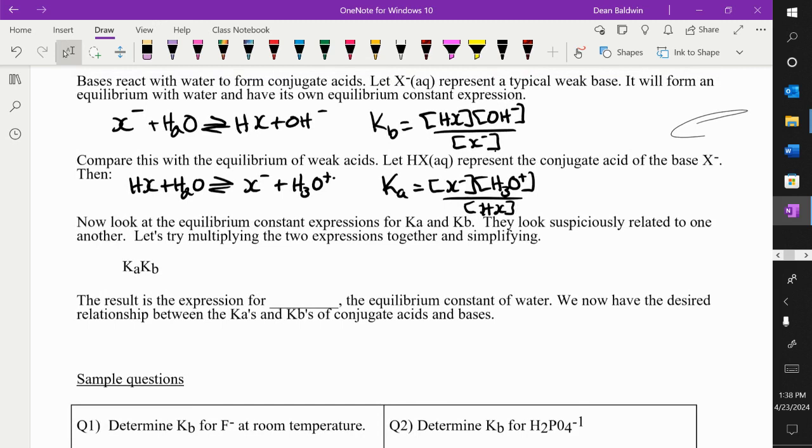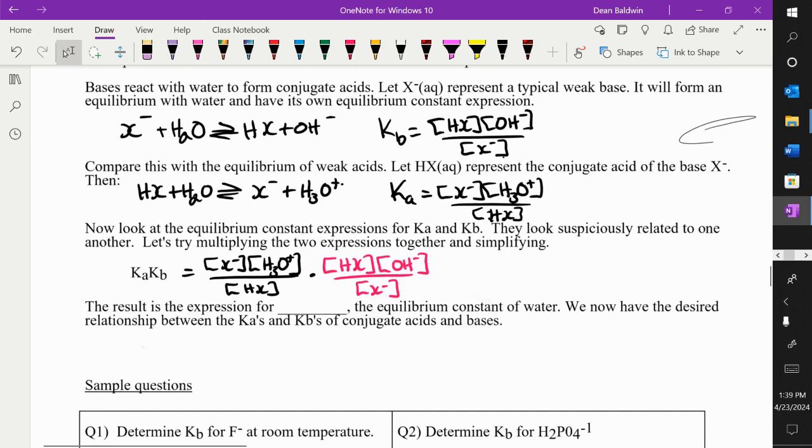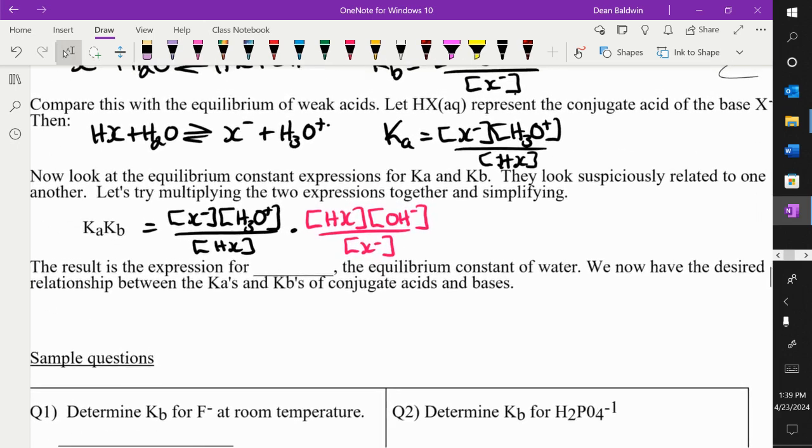So we go, okay, Ka times the Kb, and then we're all proficient in math, right? What's going to happen?